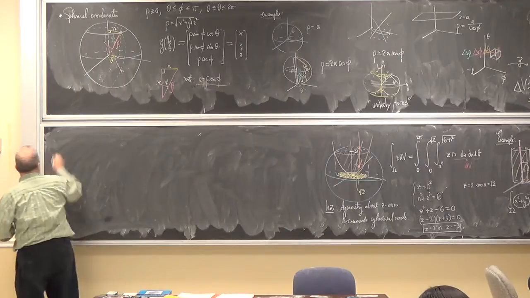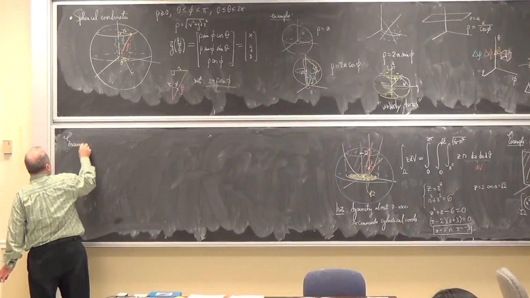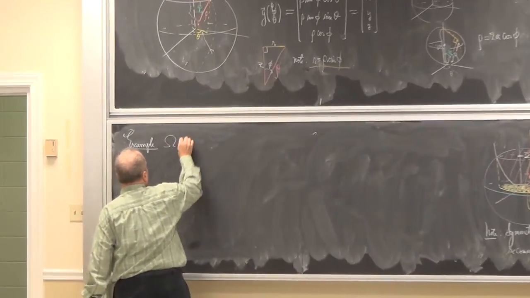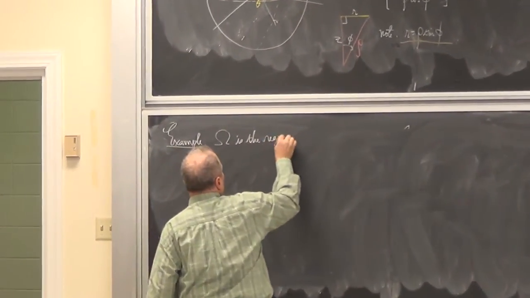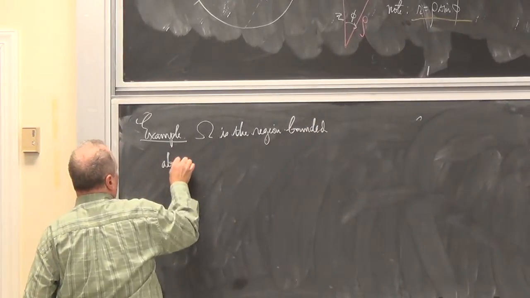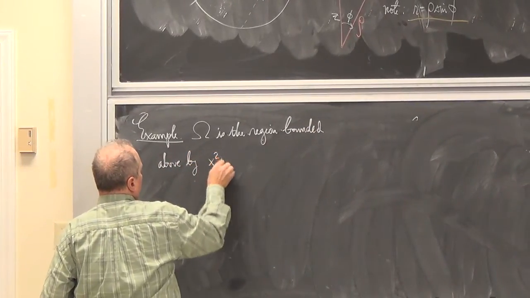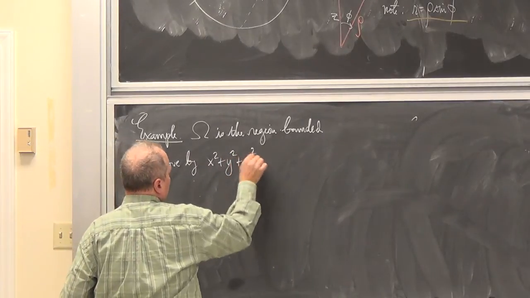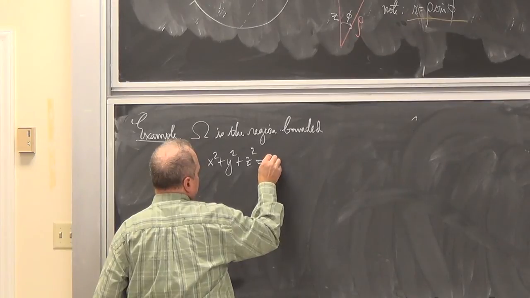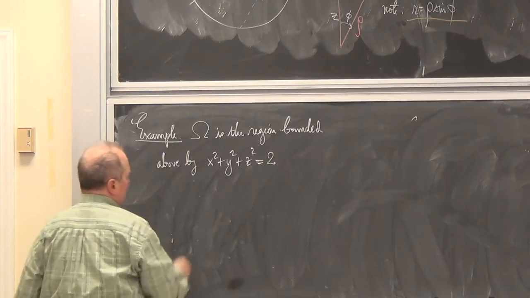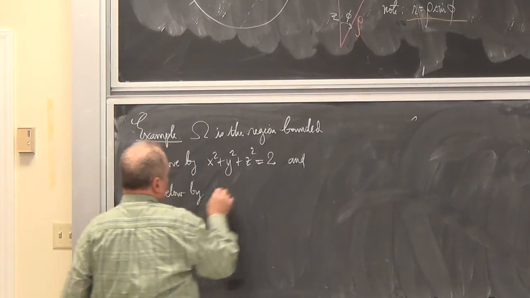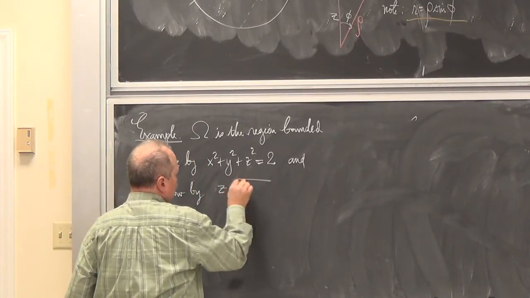Suppose omega is the volume region bounded above by a perfectly reasonable sphere, and bounded below by, what's this creature?